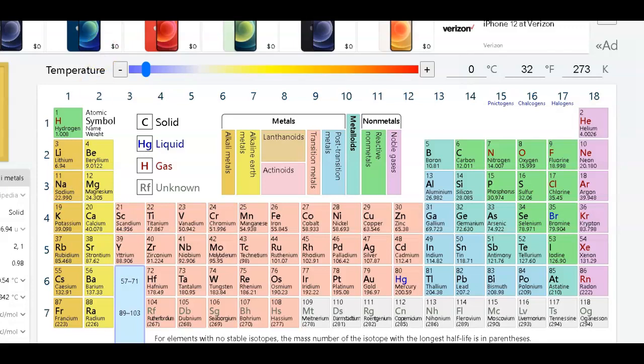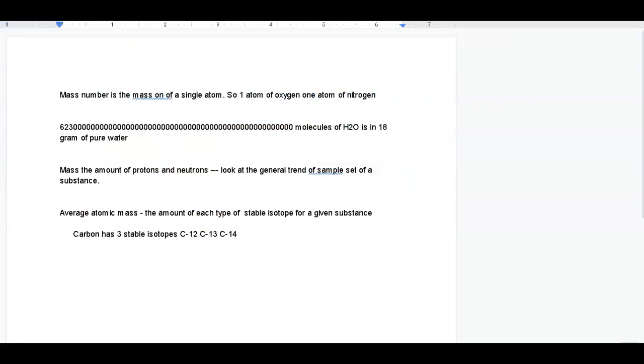I'm going to go back to what I had previously. So a mass number is the mass of a single atom. We did this in the previous video that I'll post, but it's just going over some definitions so you'll know how that goes. Okay, so one single atom of oxygen just depends on the situation. Remember, the mass is protons plus neutrons, so it's what's in the nucleus.